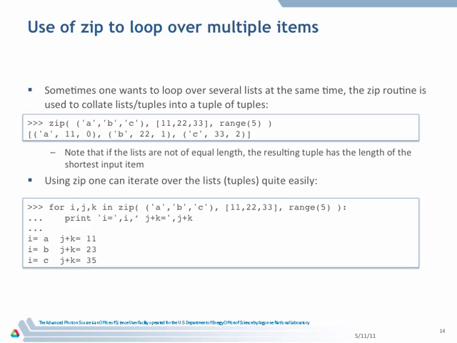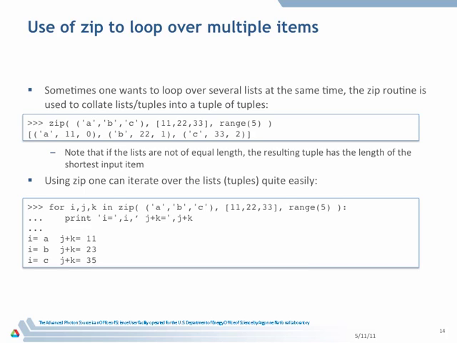All right. What if I have a bunch of stuff and I want to iterate over all of these things at the same time? I have 3 lists, A, B, C, 11, 22, 23, and my last list is 0 to 4.